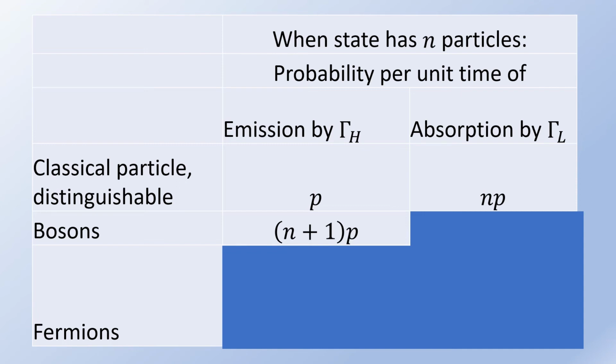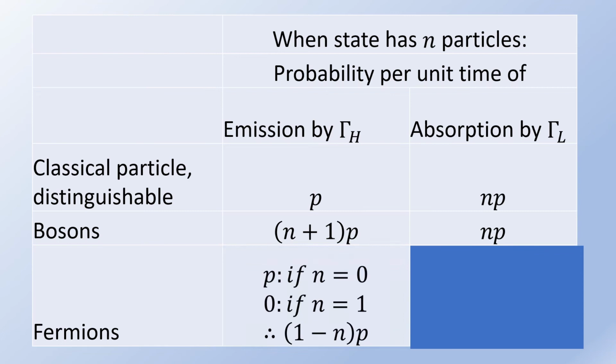In case of bosons, the probability of emission into a state increases with the number of particles already in the state. It is given by (n plus 1) times P. The absorption probability is still nP. In the case of fermions, each state can only contain one particle.